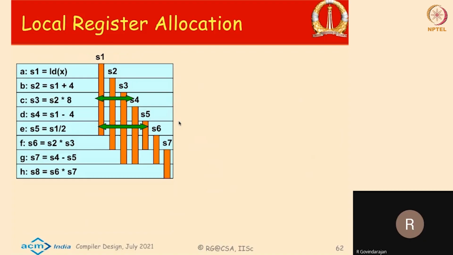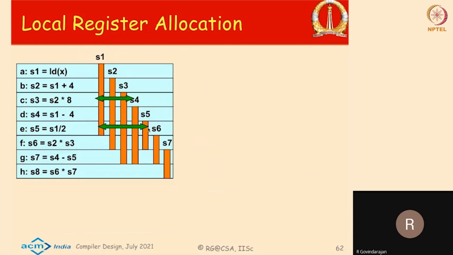And when that happens, it is easy to do register allocation, because you can actually find out what is the maximum width, or what is the program point in which the maximum number of variables are live together, and you require that many registers for coloring this. So in this particular case, statement E is one where you have all the 5 variables, S1, S2, S3, S4, S5 live together. So you require 5 registers to color this basic block, right?